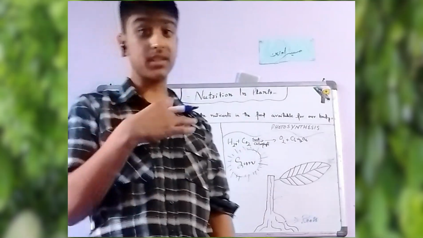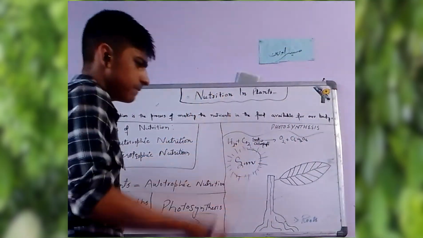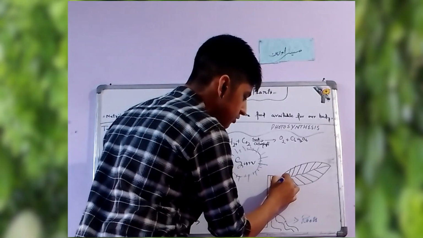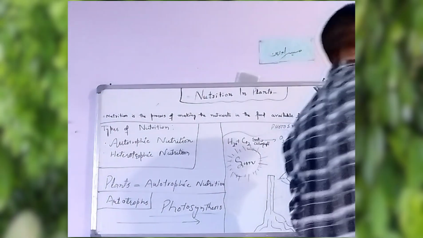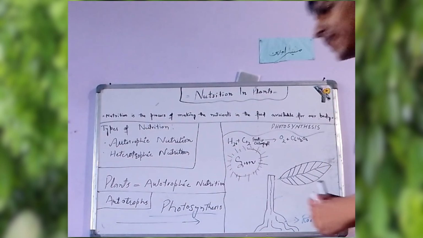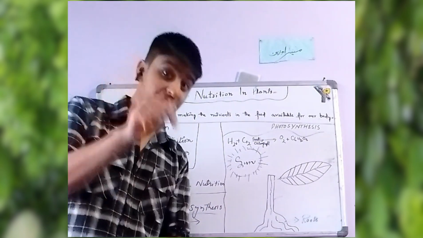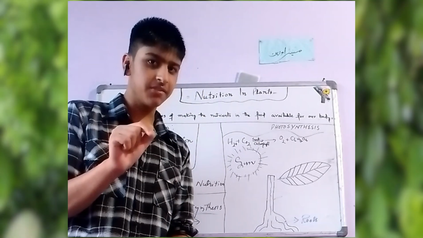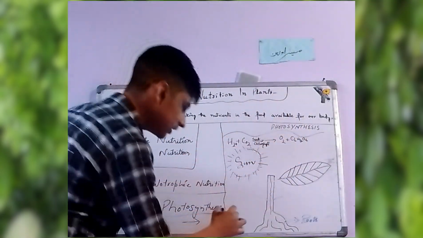The absorbed water is transported to every part by the vascular tissue that is present in a plant or a tree, and it is transported to the leaf. When it reaches the leaf, now in the leaf water and carbon dioxide are present. First of all, carbon dioxide reaches into the leaf by stomata. These are tiny openings. For example, this is a leaf.